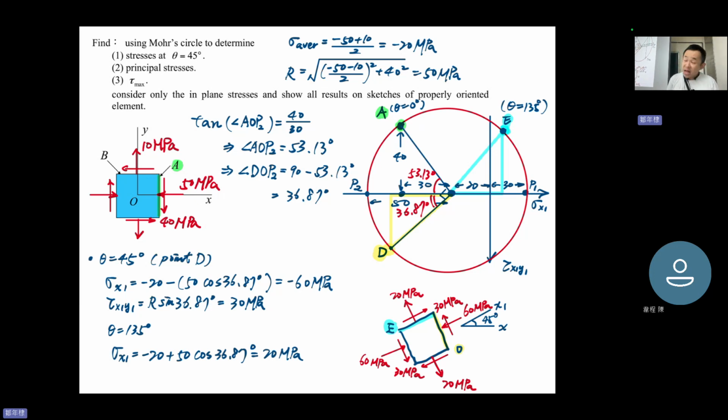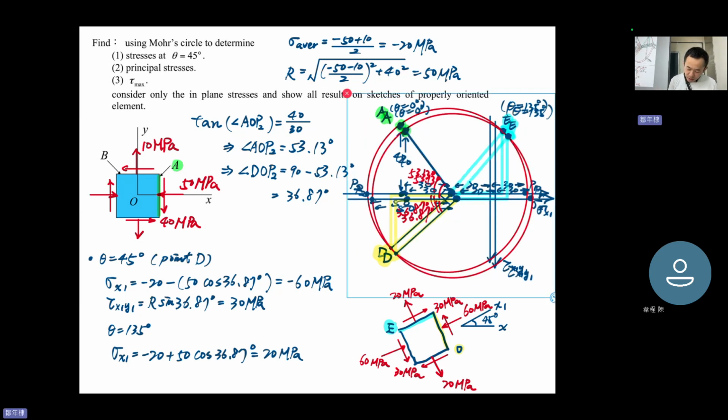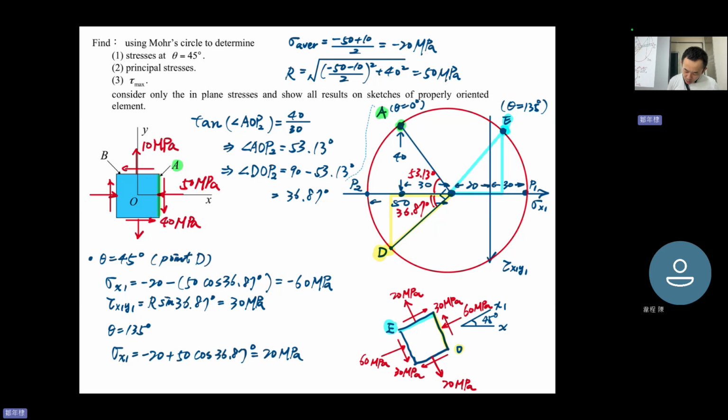So now in the next page, I will copy this small circle to the next page, and then we'll continue to use it there. All right.